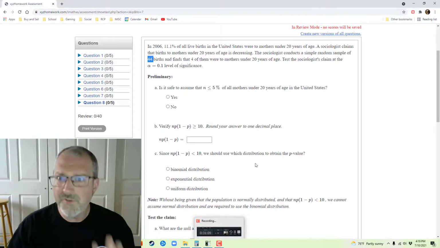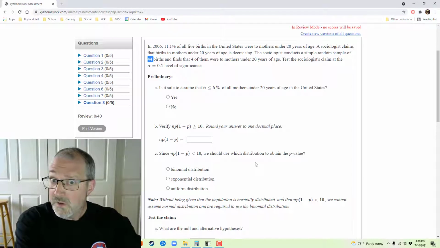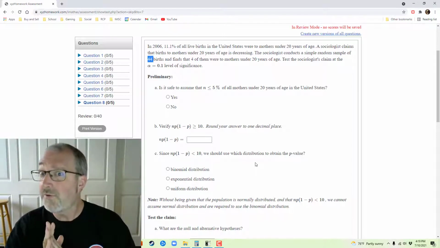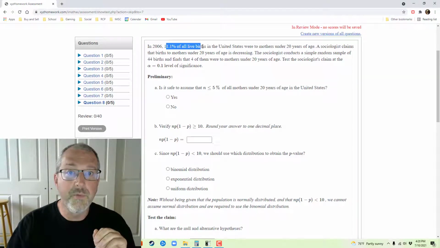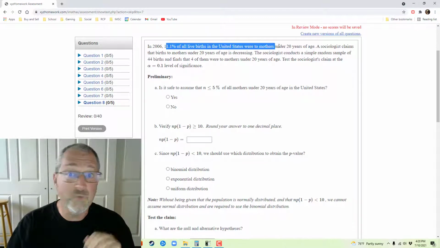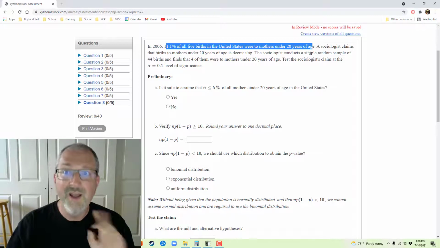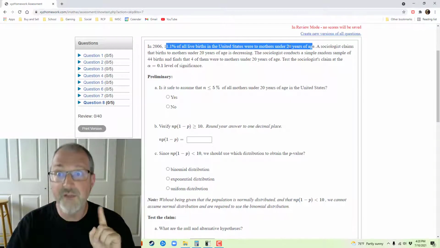And I would say, as a side note, that this problem has a little bit of tricky wording in it, because it says in the first sentence, 11.1% of all live births in the United States were to mothers under 20 years of age. I had a few students who thought that this is a left-tailed test and the sample size is 20.